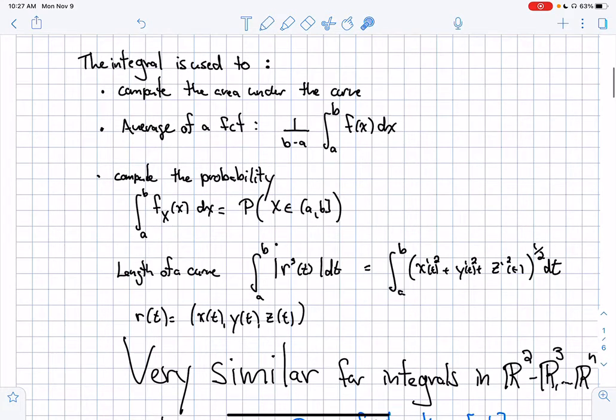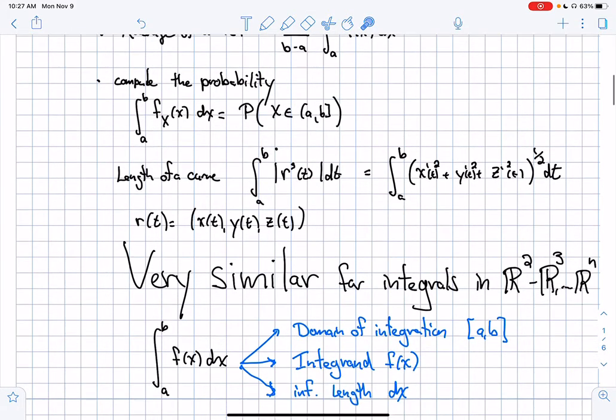We'll take a very similar approach for the integral in R2, R3, Rn. You have a very similar interpretation. Now, a good thing to keep in mind is that this integral in one dimension, the integral of f on the interval ab, has three important components.